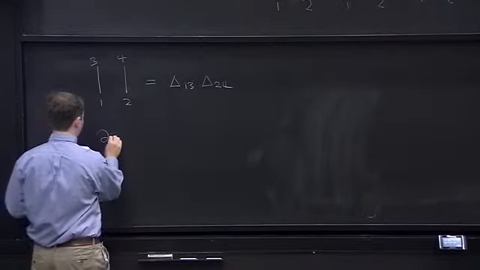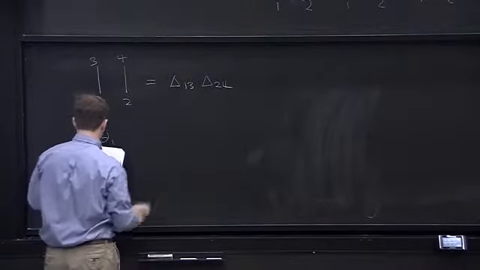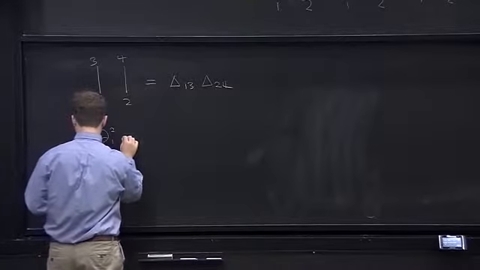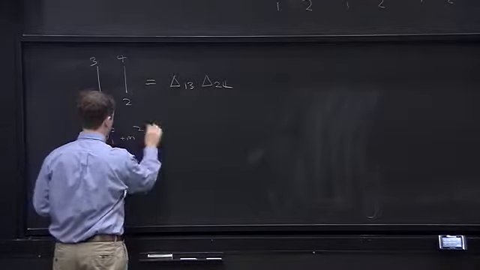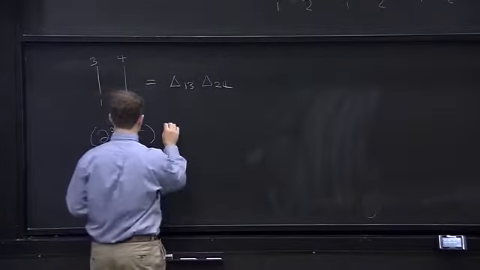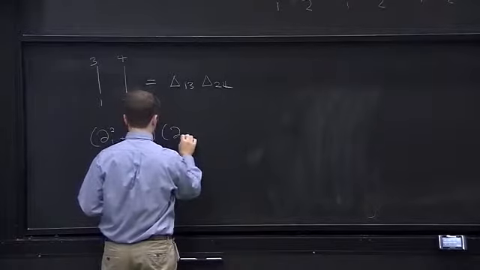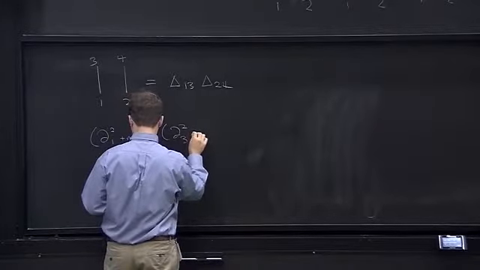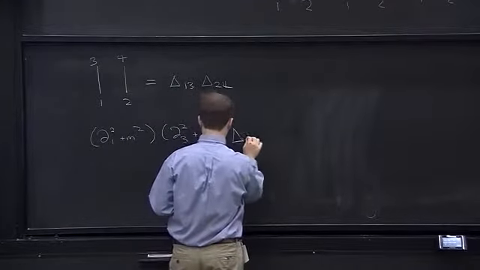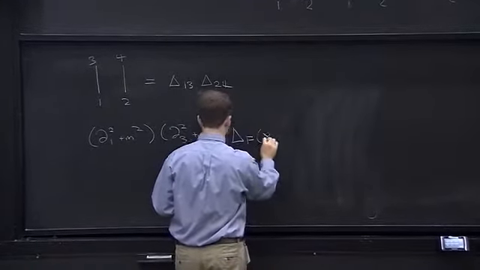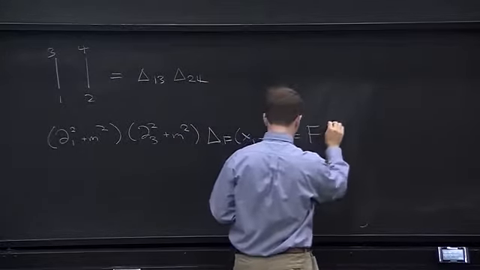So we're going to have a Feynman propagator from 1 to 3. Let's just pull out the parts of the LSZ formula that care about x1 and x3. So we'll have a Klein-Gordon operator with respect to x1 and a Klein-Gordon operator with respect to x3 acting on the Feynman propagator from x1 to x3. Let's give this a name so I don't have to keep writing it.